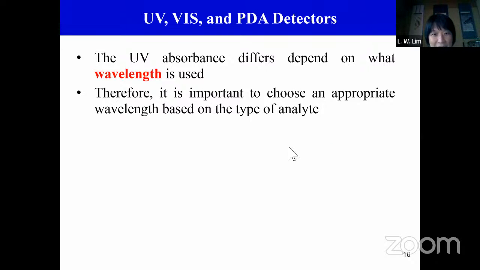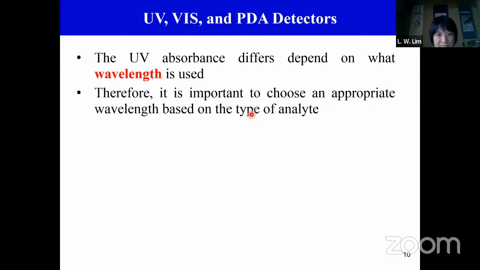Then you can set that wavelength. Okay, thank you, Faika. I'm going to explain this later. So choose the lambda maximum for your sample.